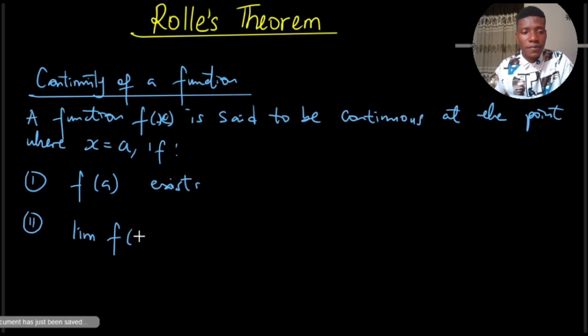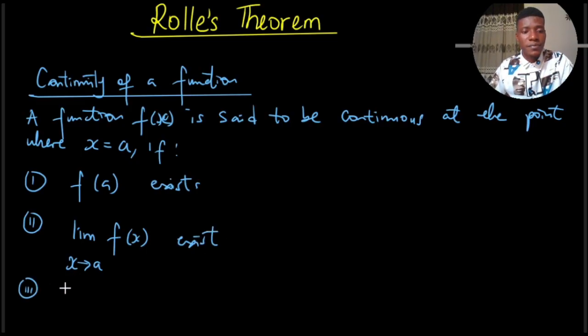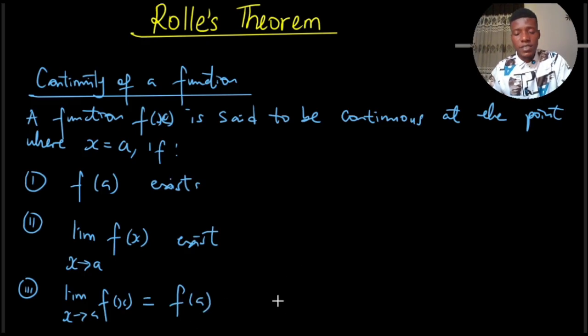If the limit of f of x as x tends to a also exists. And 3. If the limit of f of x as x tends to a is the same thing as f of a, then you conclude that the function is continuous.